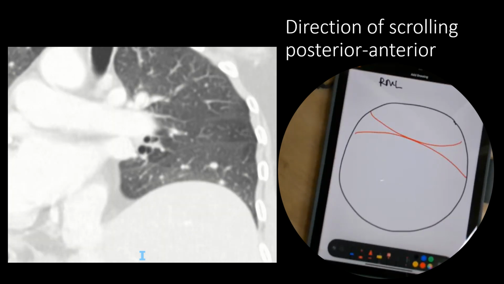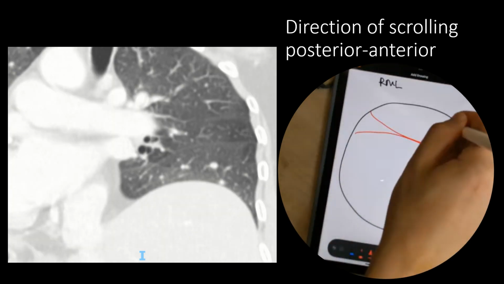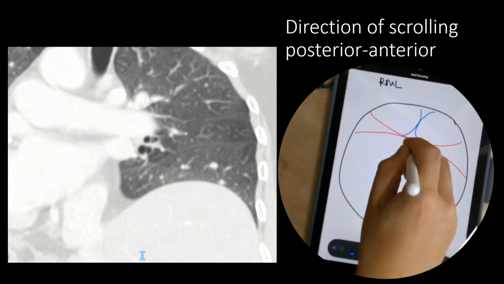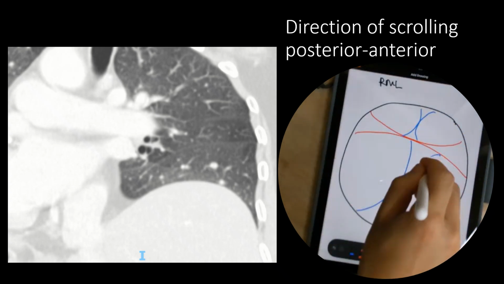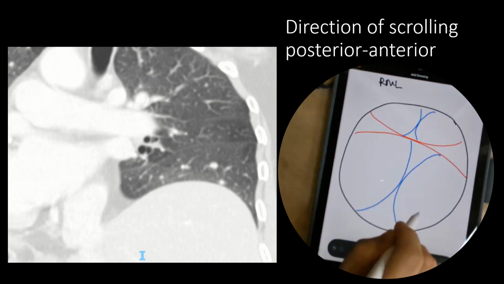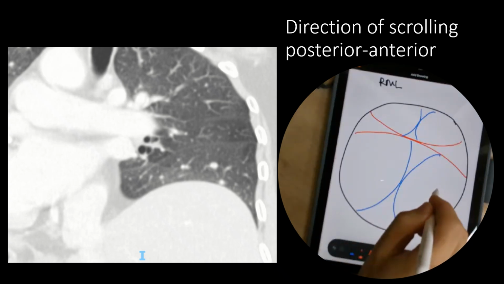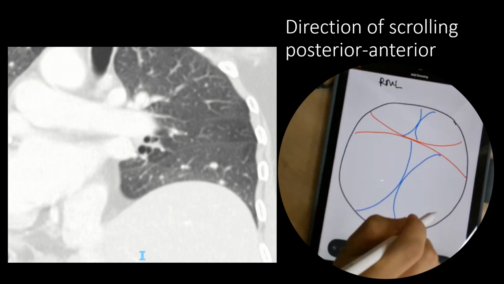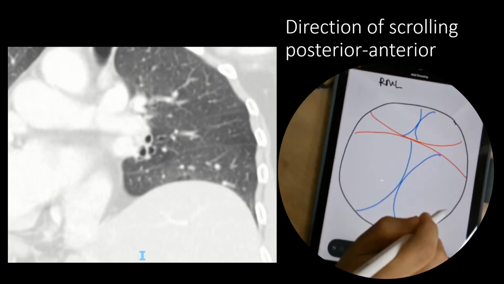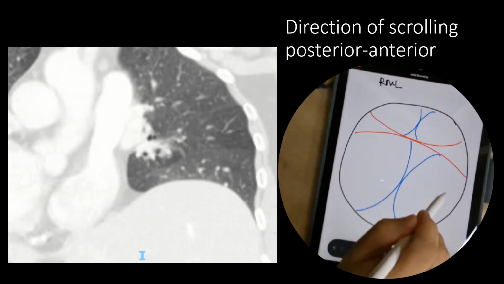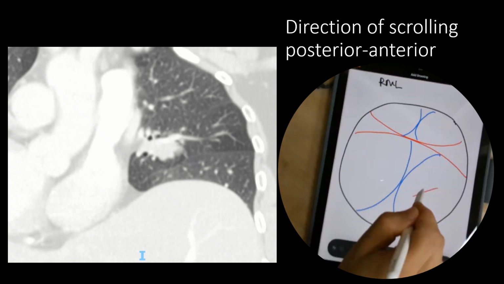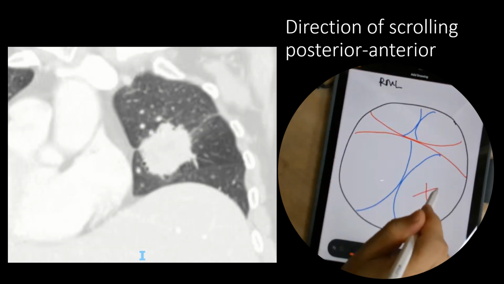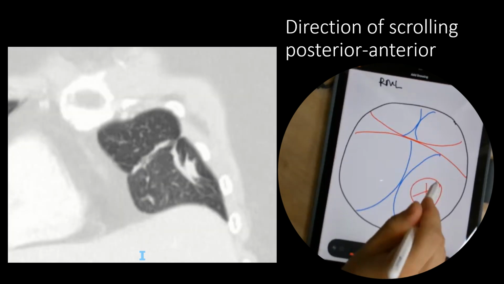The holes then move on to split, and if we have paid close attention, we will know that this hole on the right is our hole of interest. And indeed, you will see that it becomes completely engulfed by the mass. And there's most likely an endobronchial lesion in this location.